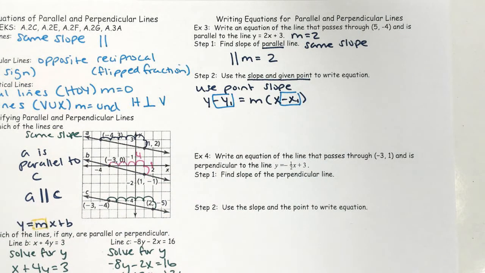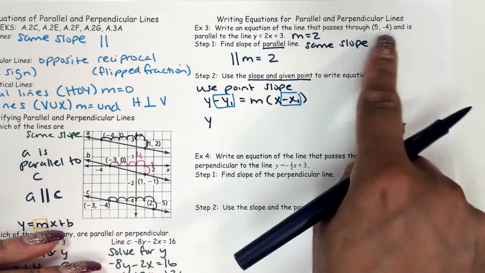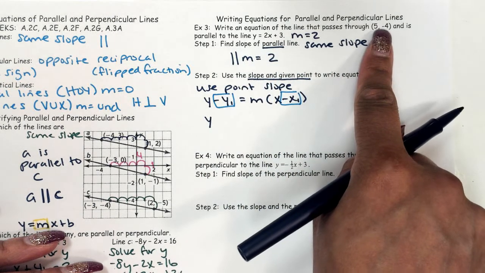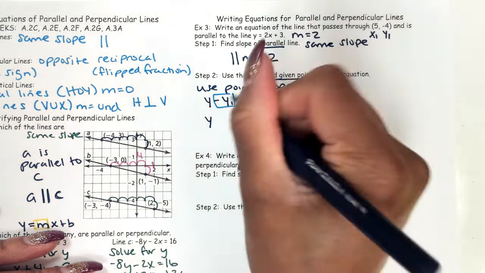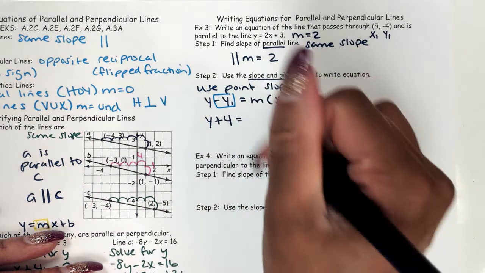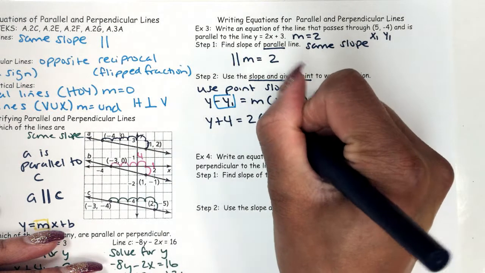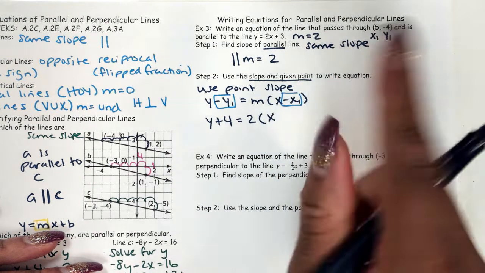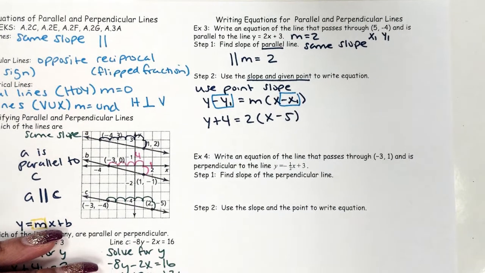And so when we're rewriting this, we have y, our point is (5, negative 4), so the opposite of negative 4 is a positive 4, equal to our new slope, which is 2, and then parentheses, x, and then we have a positive 5, we're going to make it a negative 5, so x minus 5. So there's point slope form.